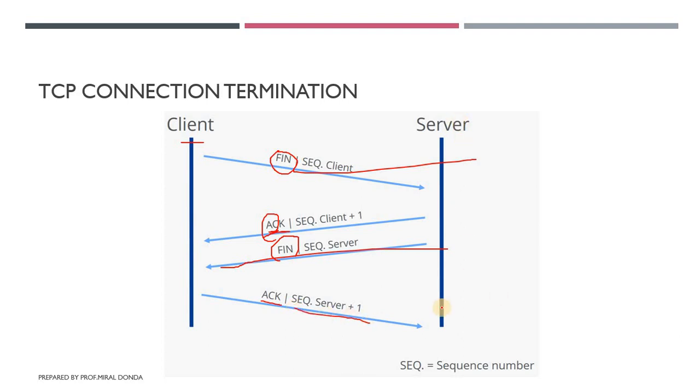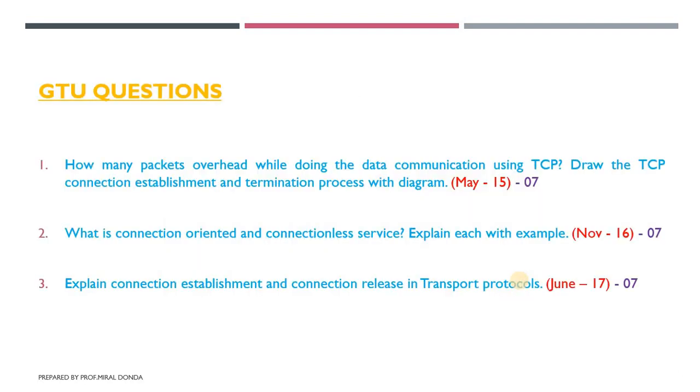Now the server received the acknowledgement of its FIN segment, so the server shows that the connection is terminated. So this is how the connection was terminated on both sides. This is how the connection is created, data is transferred, and the connection is terminated. So this is the whole TCP connection establishment or three-way handshake process.